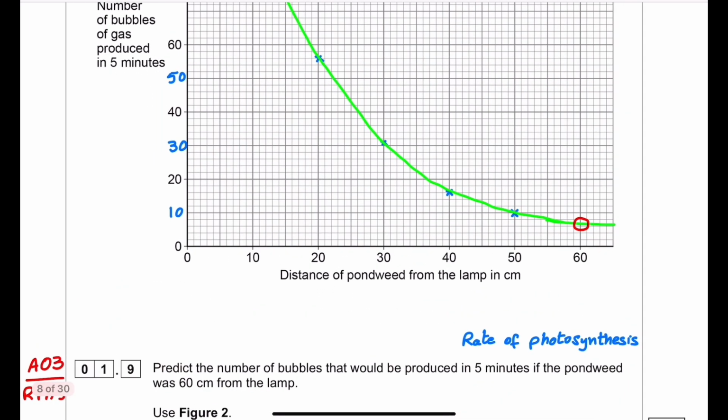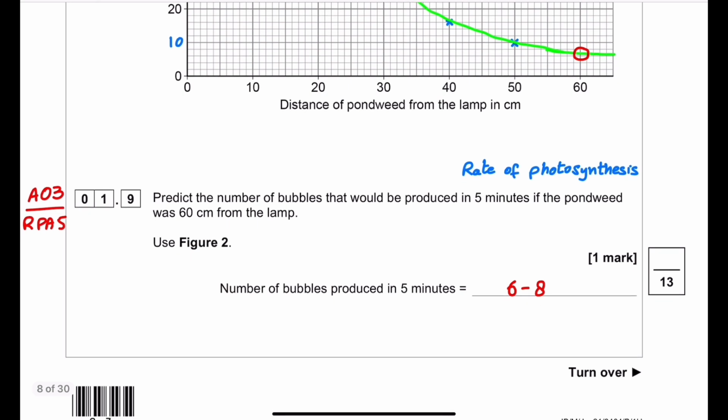The student can use the answer between 6 to 8. So the number of bubbles produced in 5 minutes at 60 centimeters is approximately 6, 7 or 8 bubbles.